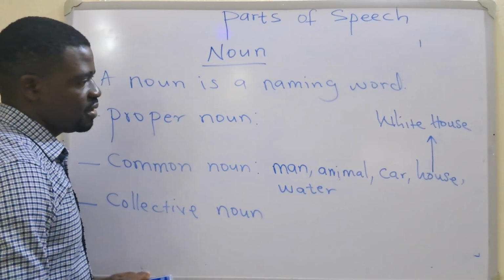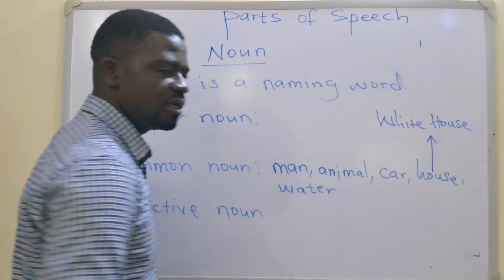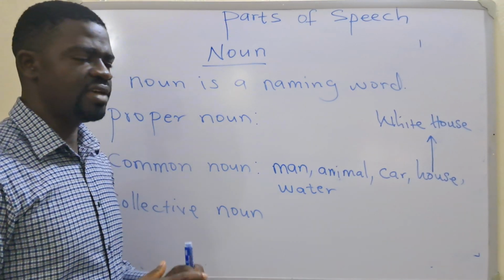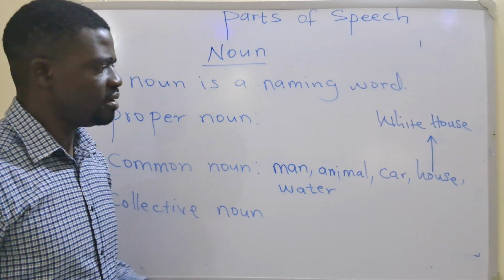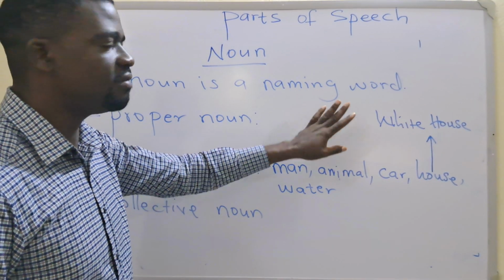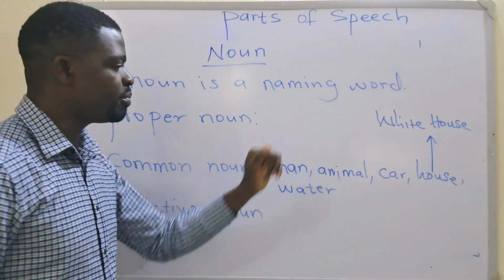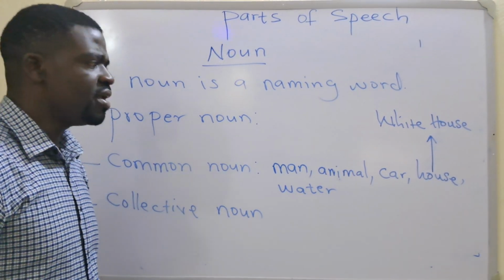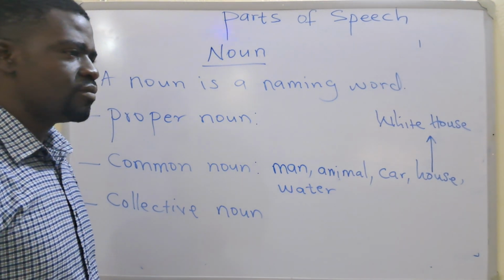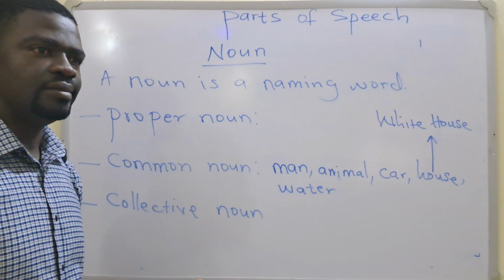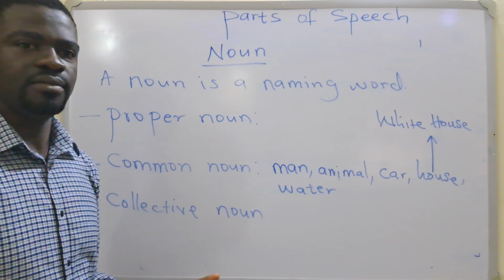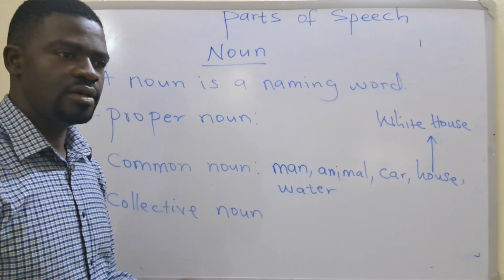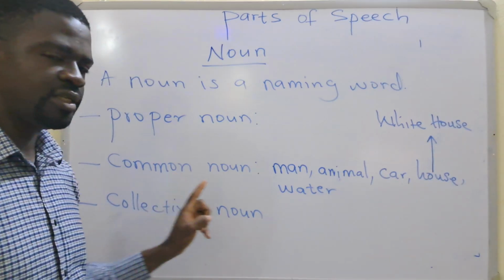If you have a car and it's a particular car, maybe you decide to give your car a name, then that car will have the status of a proper noun. Water, maybe for people who sell water, you can process the water, package it, and then give it a particular name.